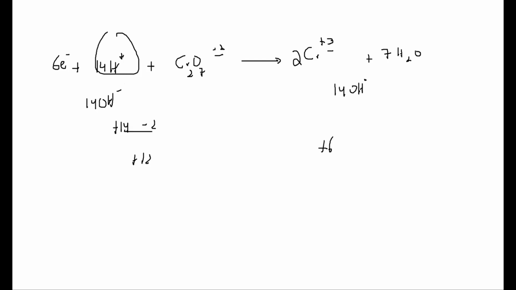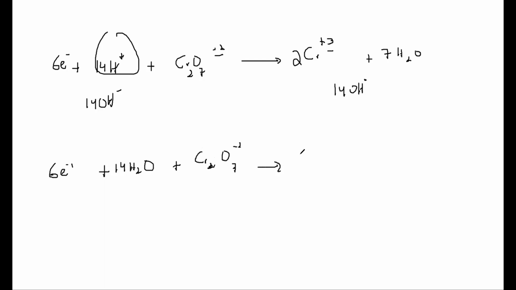So as I add 14 hydroxide ions, this will be 6 electron plus 14 water plus Cr2O7 minus 2 gives 2 chromium plus 7 water plus 14 OH.